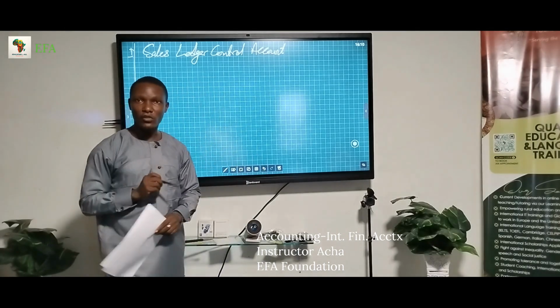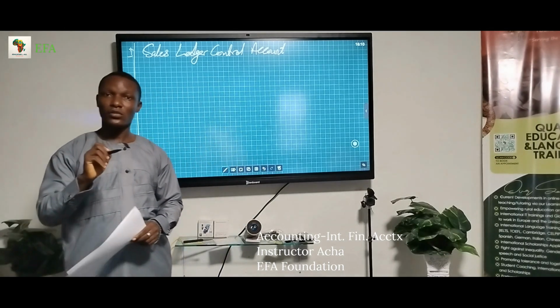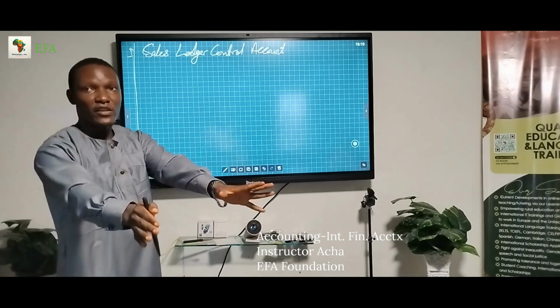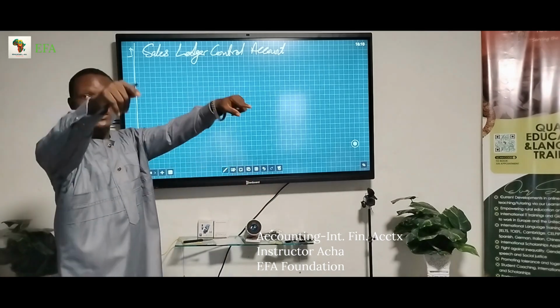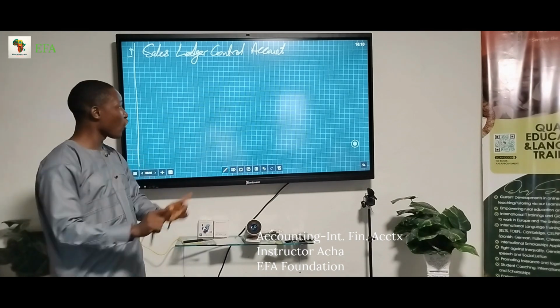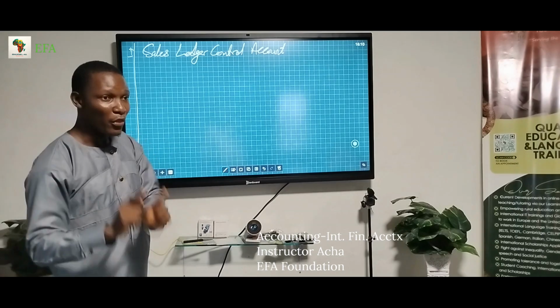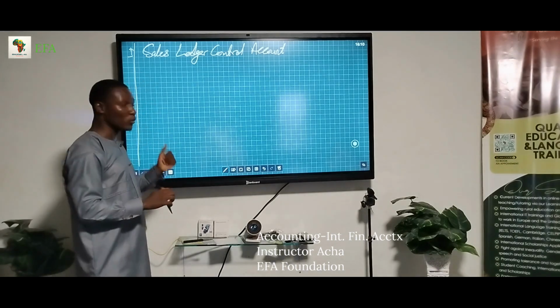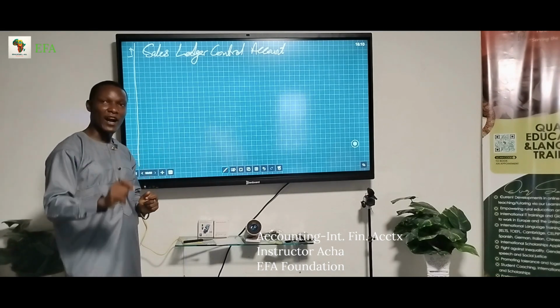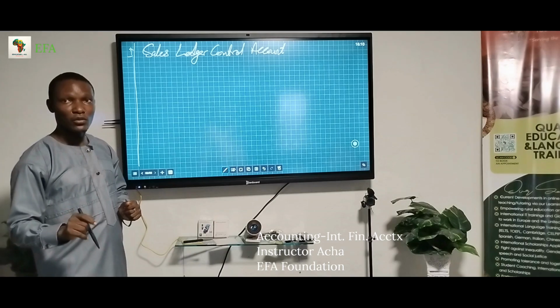The sales ledger control account is an account that is used to record all credit sales transactions, all goods sold on credit to our customers. And since this account is used to record all credit sales transactions to customers, it can also be known as the total debtors control account or the account receivables ledger control account.